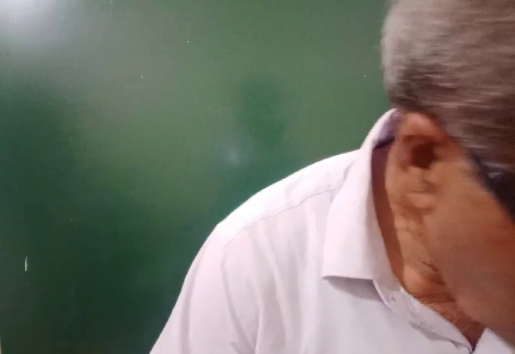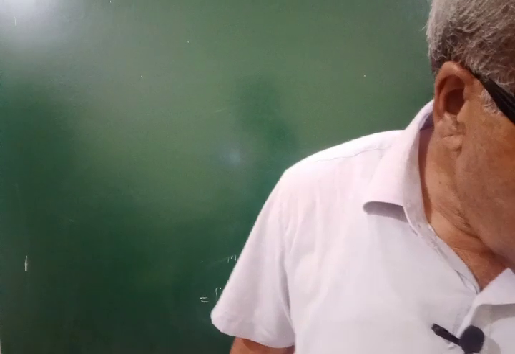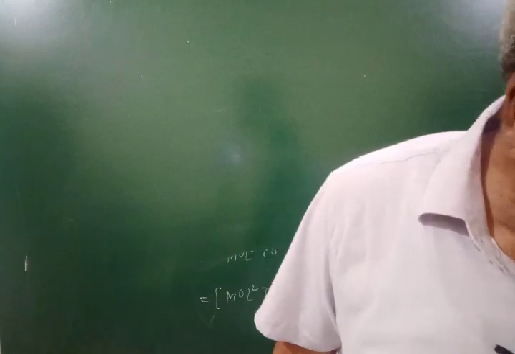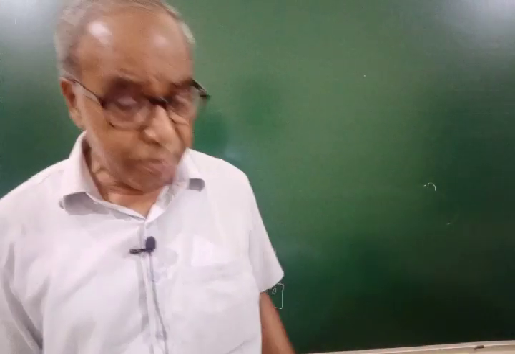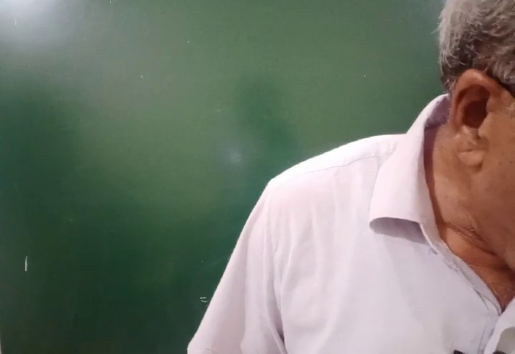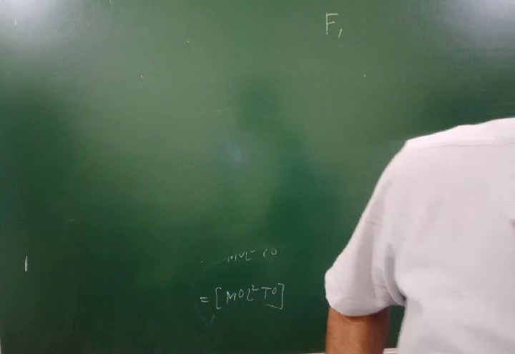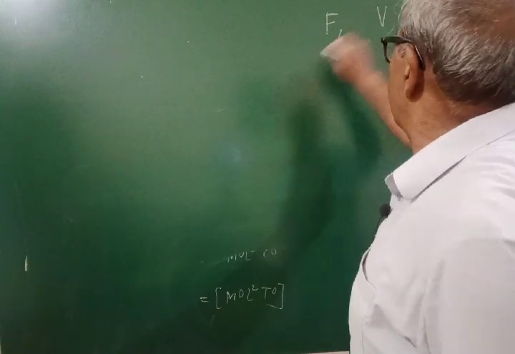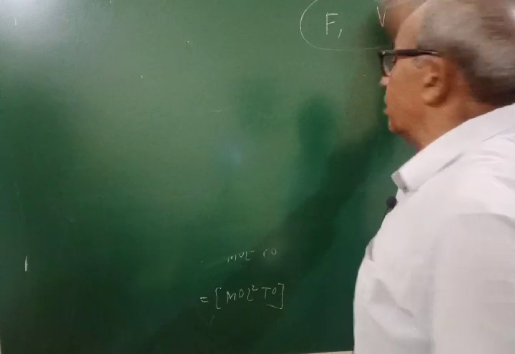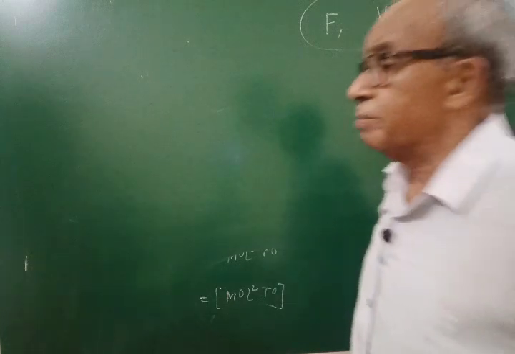In a book, there is a question: if in place of the fundamental quantities mass, length, time, we use force F, velocity V and time T as fundamental quantities, then write the dimension formula for mass.